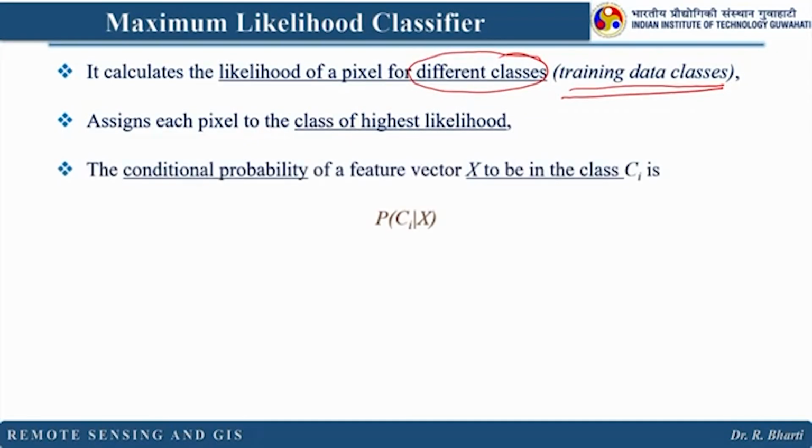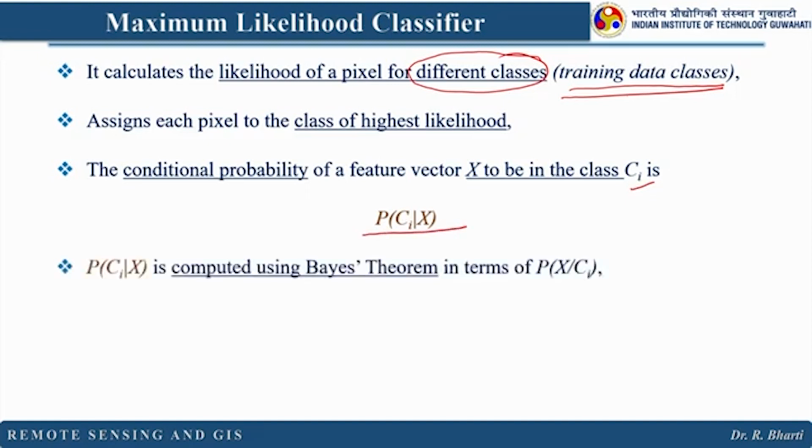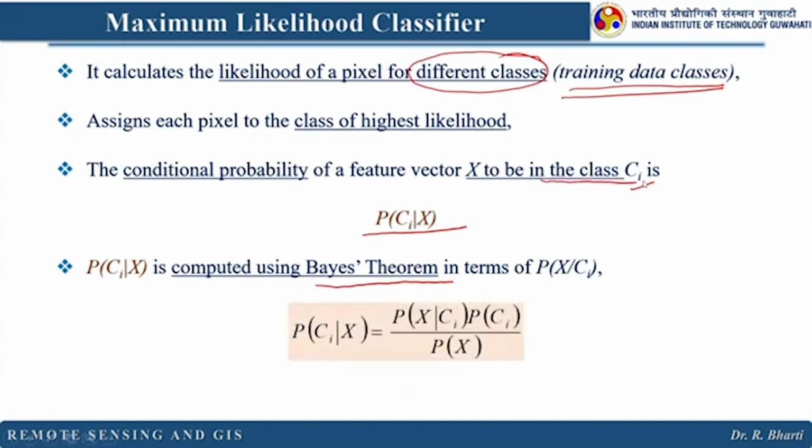And the conditional probability of a feature vector x to be in the class Ci is this one. This is the normal expression; in general, we use this. Here we use the Bayes theorem for identifying the probability of x to be in the class of Ci, and this is the mathematical expression for Bayes theorem.